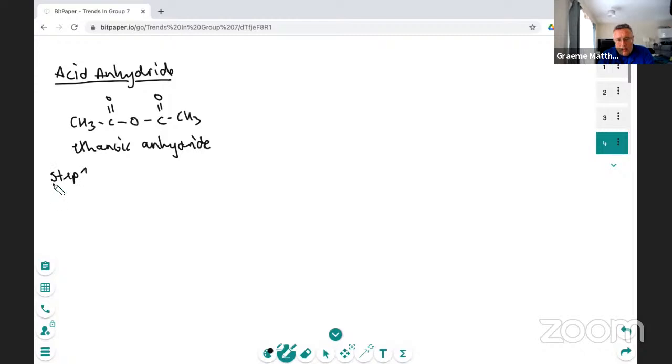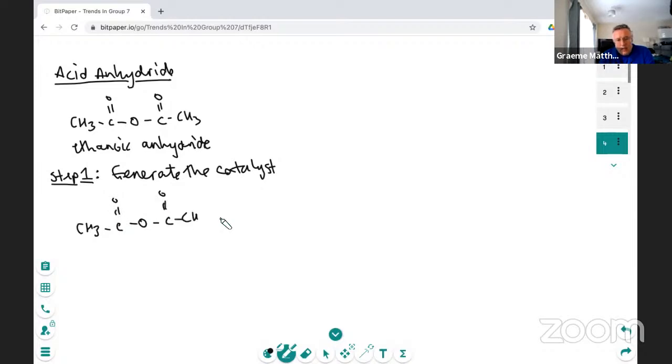Look, step 1 is I need to generate the electrophile. I've got this. Here's my ethanoic anhydride. And I'm going to use the same aluminum chloride catalyst, all right, as I did before. And the same idea applies.